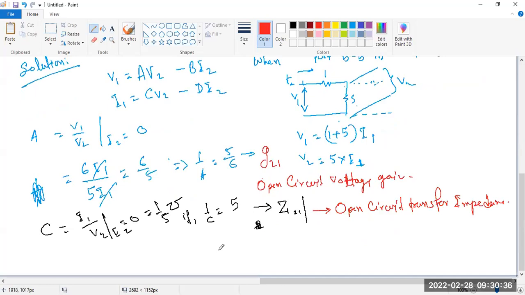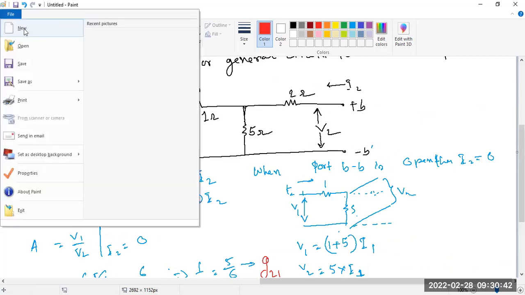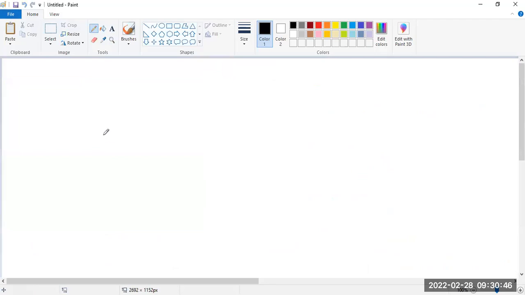Then we have to find out the B and D. When finding B and D, we have to short the port. When B and B dashed is short circuited, then V2 equal to 0.